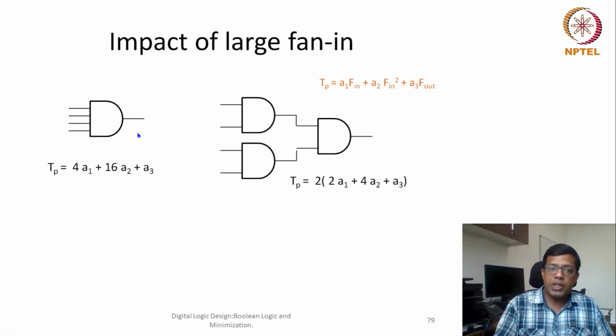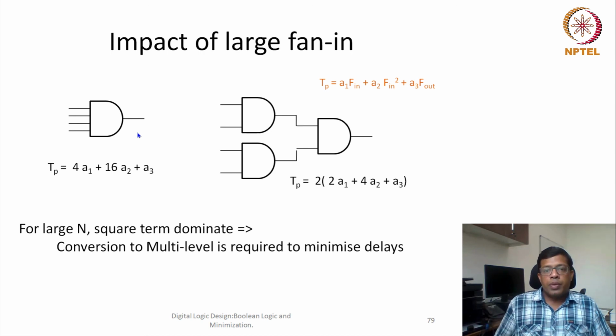So these multiple levels or multiple stages would be there. How many stages would be there? Let's say if I want to create the stages with all 2 input gates, the number of stages is going to be log n base 2 of the number of inputs.